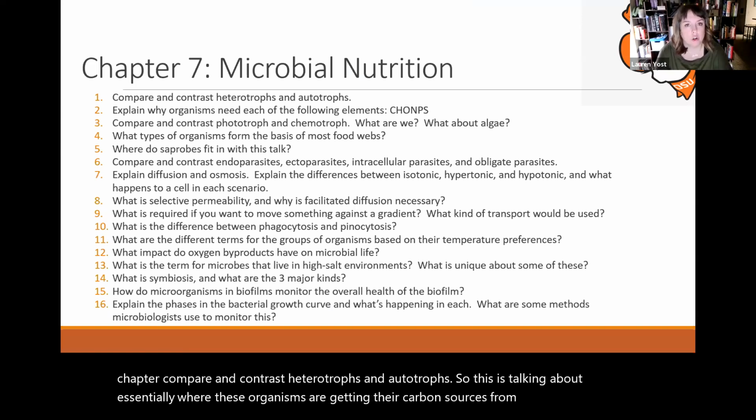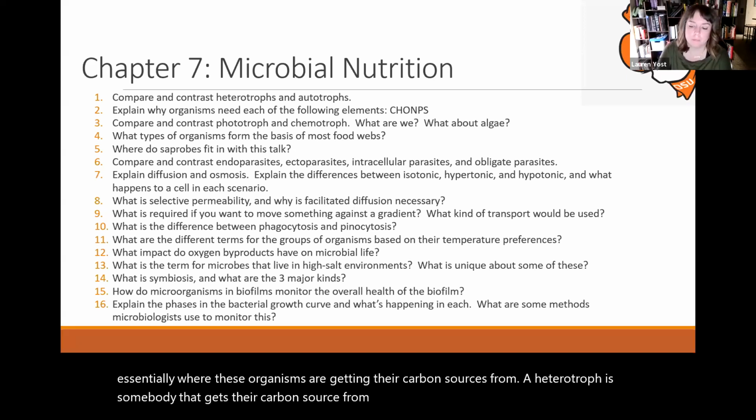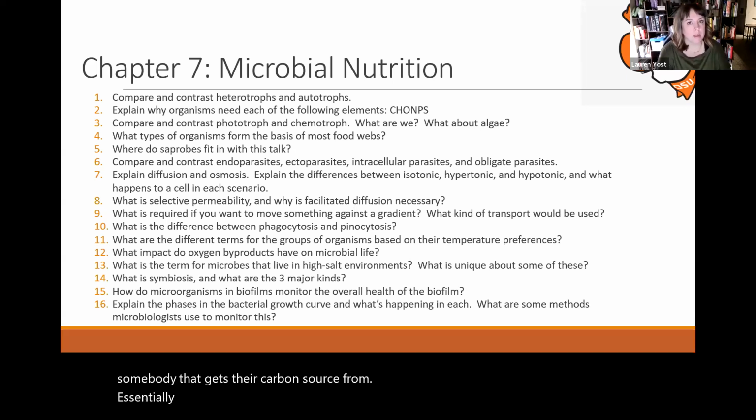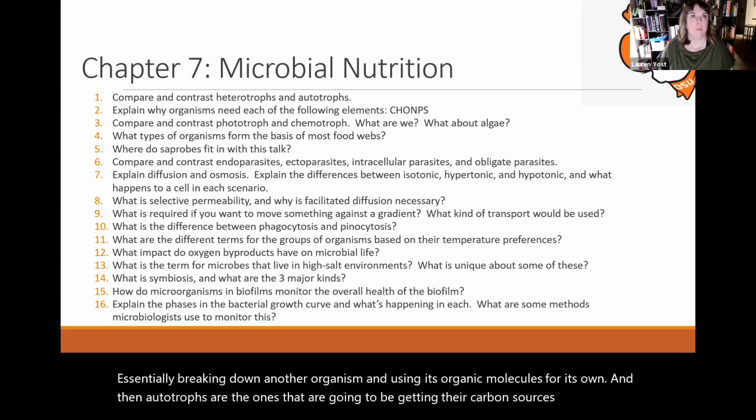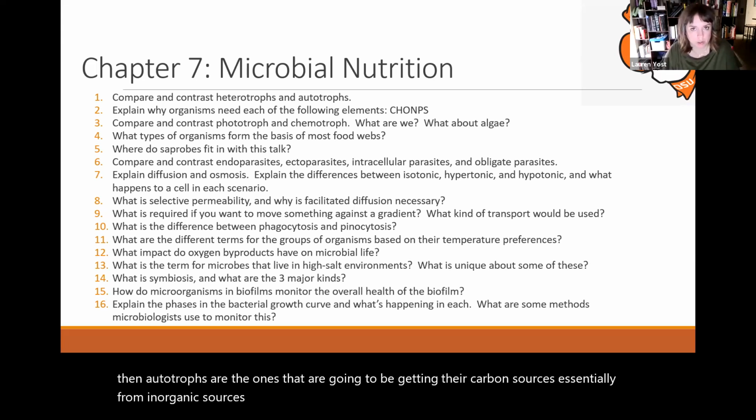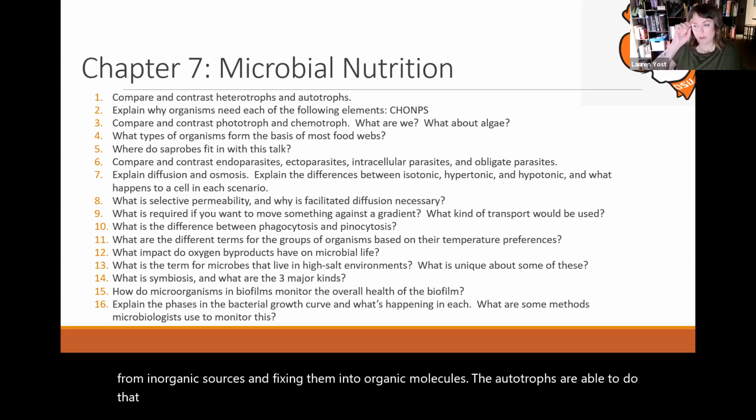A heterotroph is somebody that gets their carbon source from essentially breaking down another organism and using its organic molecules for its own. And then autotrophs are the ones that are going to be getting their carbon sources essentially from inorganic sources and fixing them into organic molecules. The autotrophs are able to do that thanks to typically either using energy from the sunlight or other mechanisms.